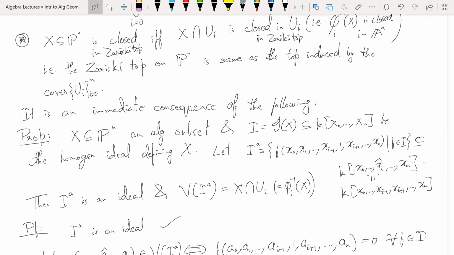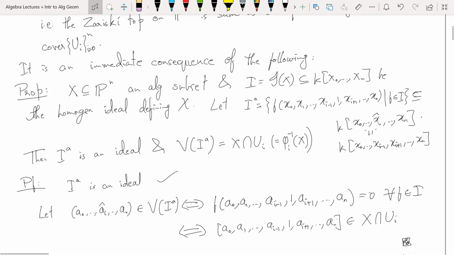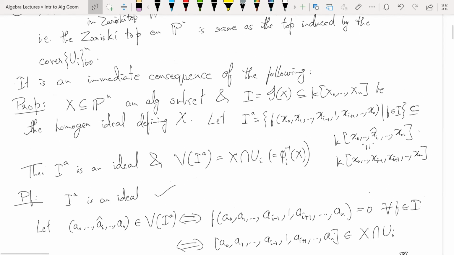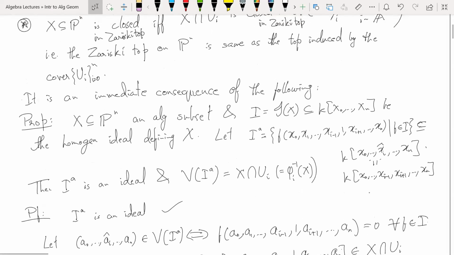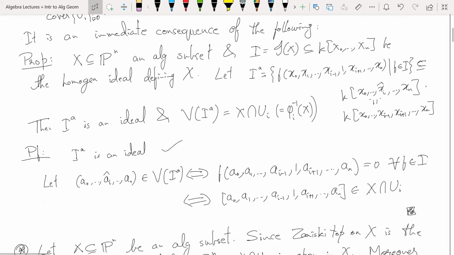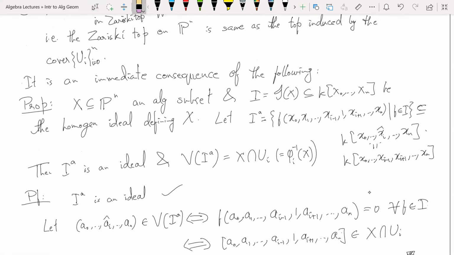And if X is a subset such that X intersection Ui is closed in Ui, then we also have to show that X is closed in the Zariski topology. That direction maybe we'll do a little later. So at least one direction does follow. This forward implication is an immediate consequence of the following.